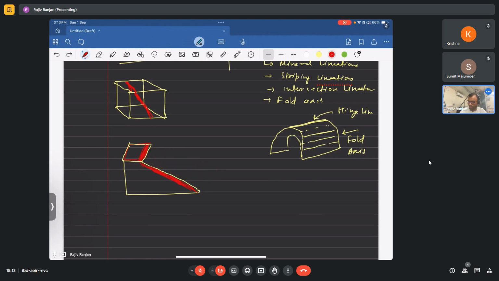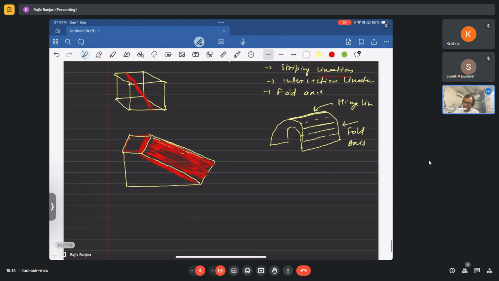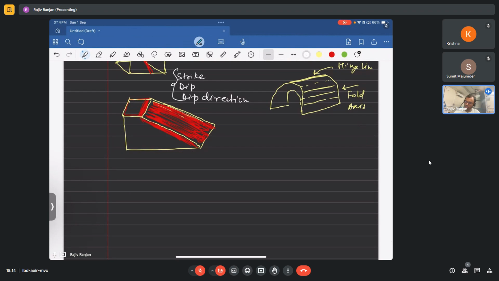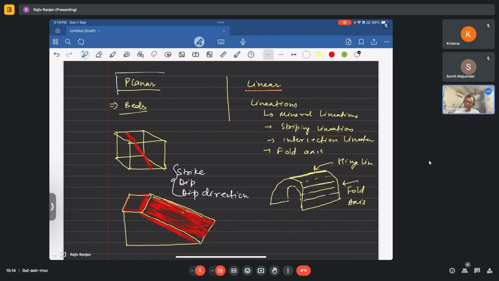If you try to measure this bed attitude, we measure three things. First, strike. Second, dip amount. And third, dip direction. These are the three measurements that we take in planar features.